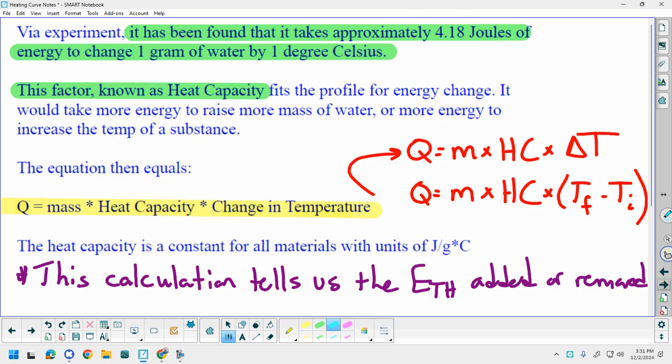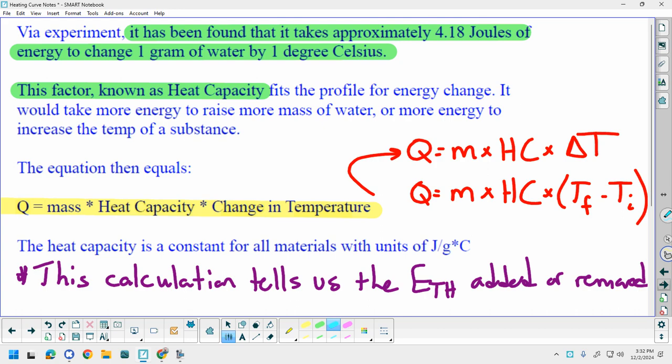Breaking that equation down into variables, Q equals m for mass times HC for heat capacity times delta T, or the change in temperature. The change in temperature is always calculated, and this is very important, final minus initial. Just like when we calculated the change in mass back in our very first experiment, final minus initial. It's always done that way.